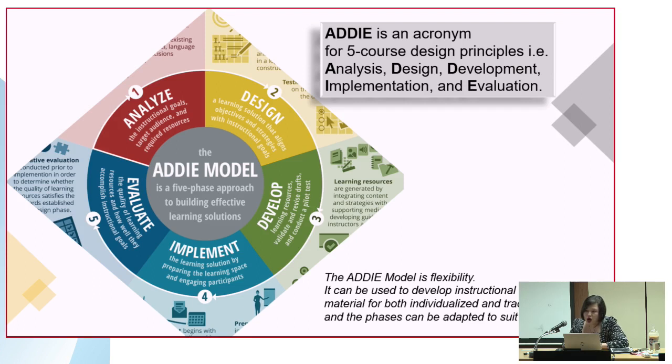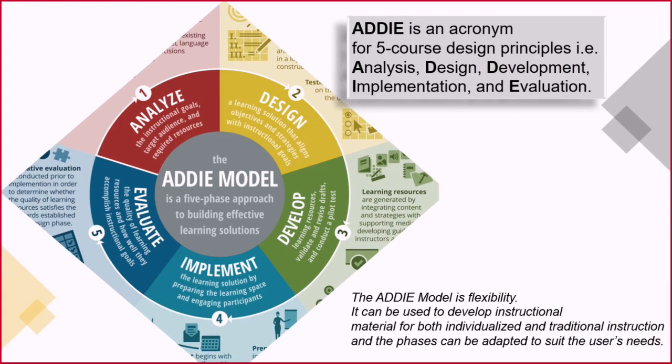We call it the ADDIE model, an acronym for five steps: analysis, design, development, implementation, and evaluation. The ADDIE model is flexible. It can be used to develop instructional material for both individual and traditional instruction.